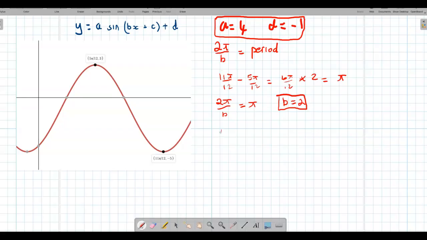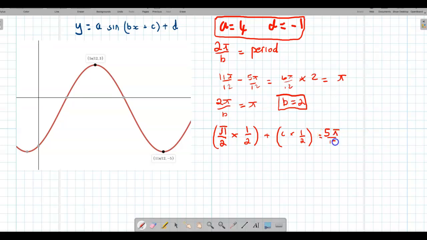Now what I'm going to do is take my X number that I know is the highest point of a normal sine curve, which is pi divided by 2. And I am going to times that by 1 over B. And then I'm going to add the C number also times by 1 over B. So where am I getting that half from? It's 1 over B, and that will take me to the highest point, which is 5 pi divided by 12.